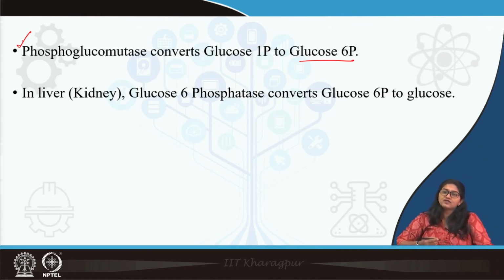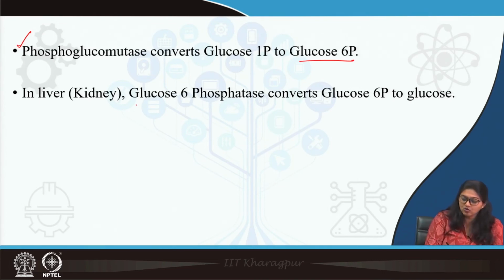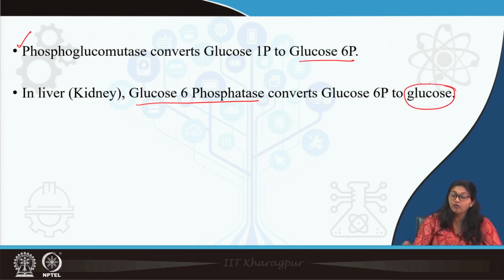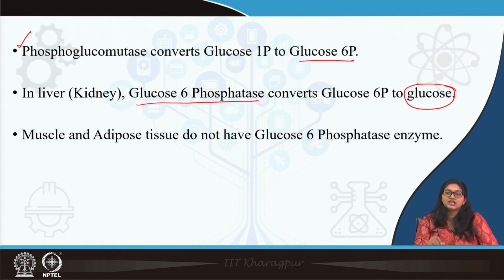In liver as well as in kidney, there is an enzyme known as glucose 6-phosphatase, the same one present in gluconeogenesis. So, from glucose 6-phosphate there is formation of glucose, whereas you need to remember that glucose 6-phosphatase is absent in skeletal muscle as well as in adipose tissue.